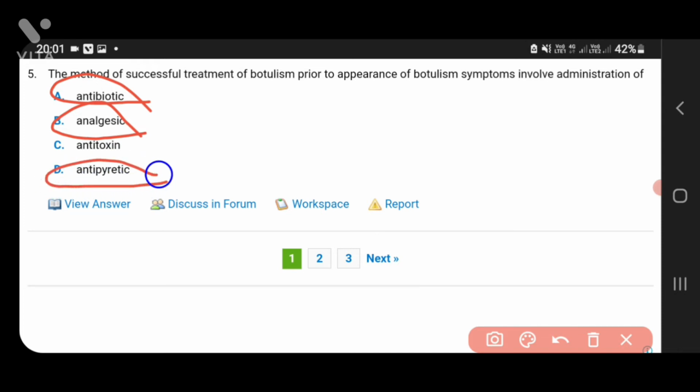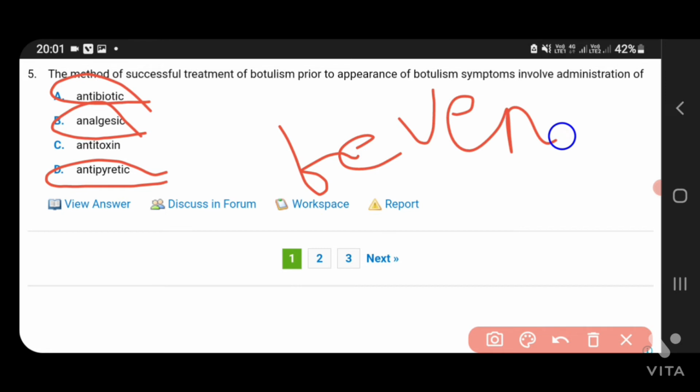Antipyretics are drugs used against fever. These are not useful in botulism, but antitoxins can be used for this purpose.